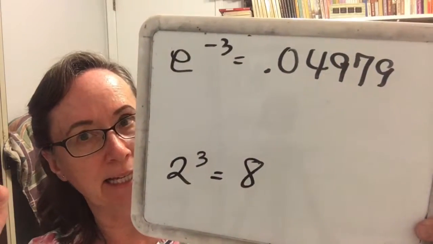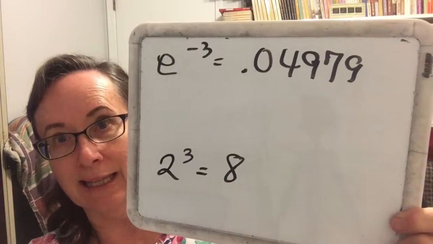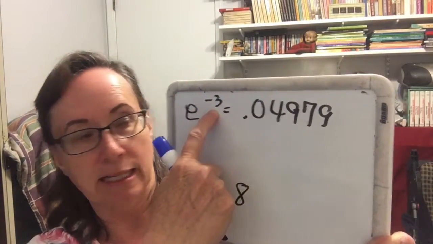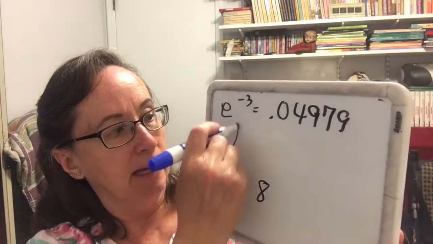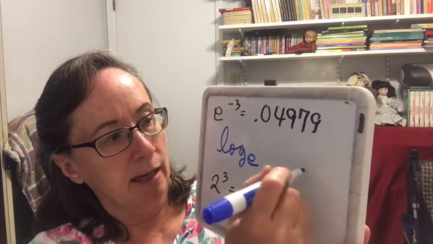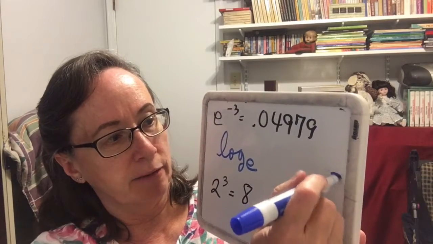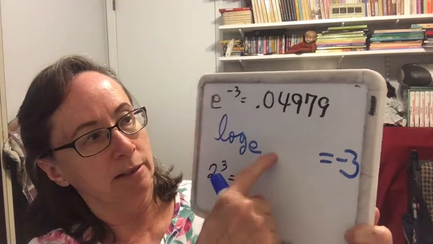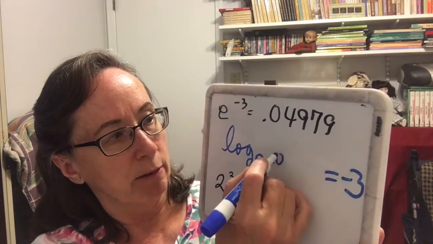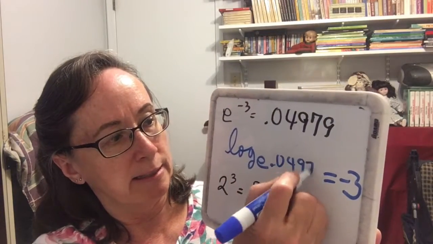So basically, again, the definition, the log is the exponent. Well, in this first one, -3 is the exponent. So we could say log base e is -3, and then the argument is going to go right here. Okay, so 0.04979.